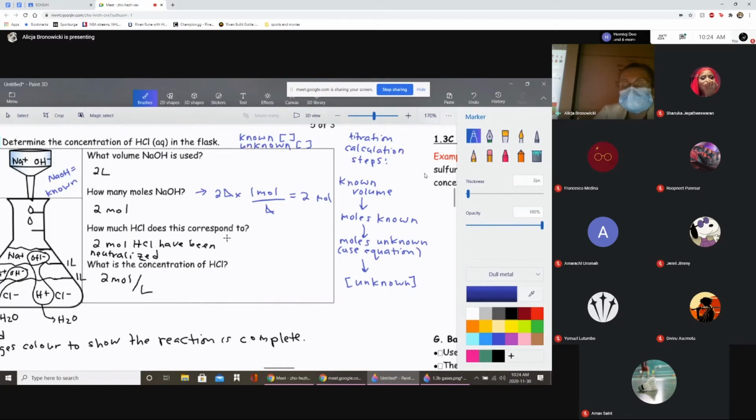Here you need to use a formula: HCl plus NaOH gives me NaCl plus H2O. Here I see that it's a 1:1 ratio. Then after I figure out my moles of HCl, I just put it over how many liters I had. We're going to break down another one.